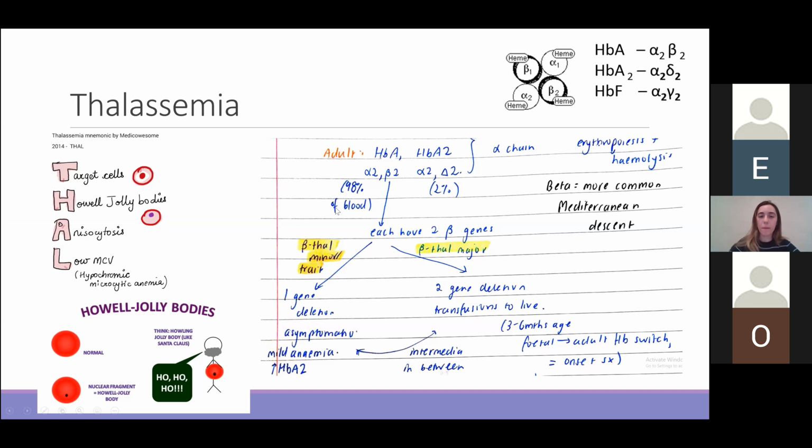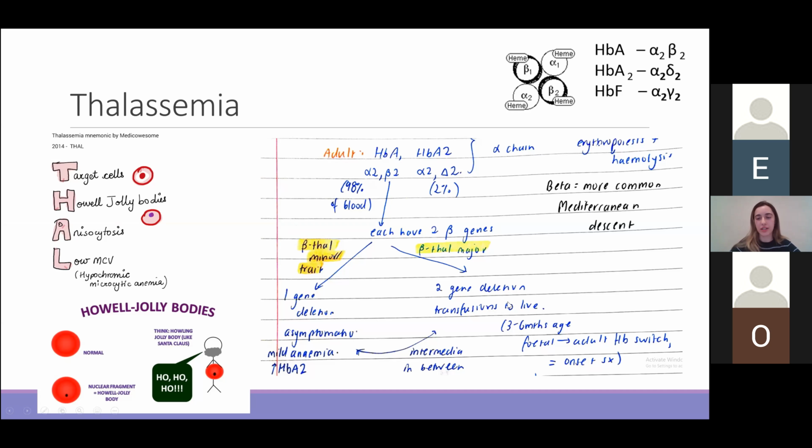So 98% is this one here. And this is the one where you have the issue in thalassemia, which is why it's pretty bad. So if you have beta thalassemia major, you have 2 gene deletions, which obviously is bad because you really need this hemoglobin to be operating.